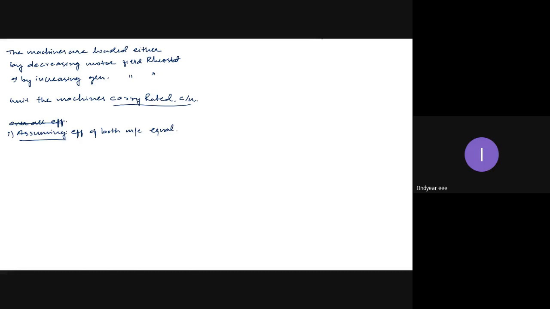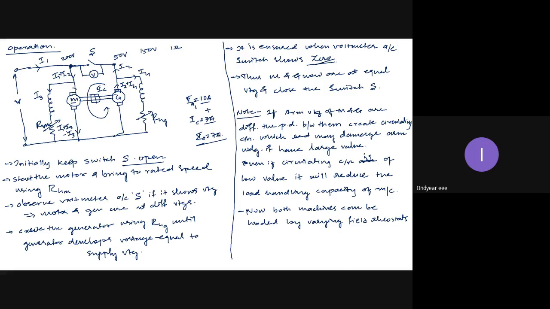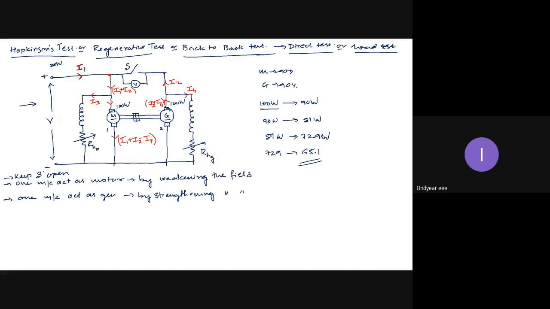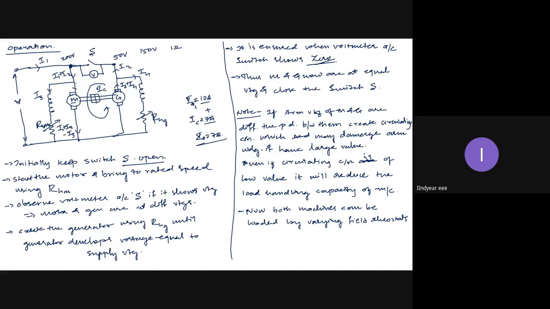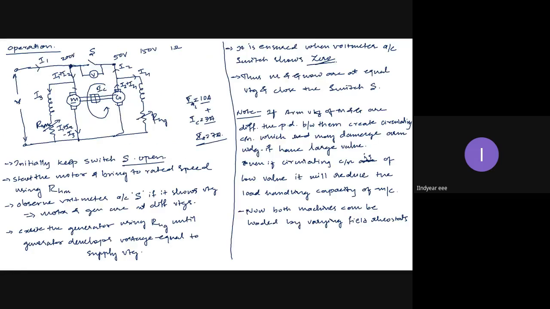From the circuit diagram, you can observe here, I1 is the line current drawn from the supply. So let us write: let I1 be the line current drawn from the supply. Then I2 is the line current of the generator.